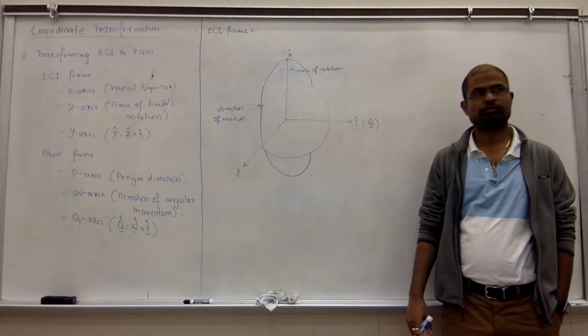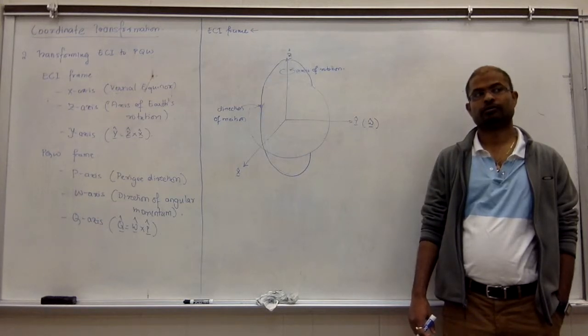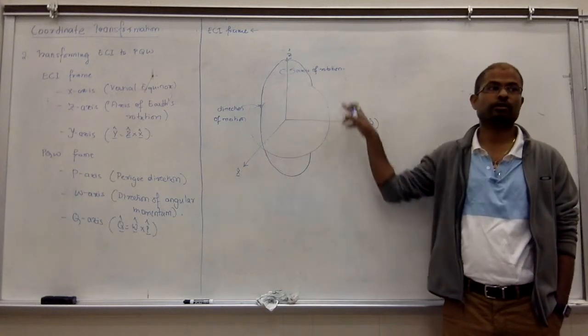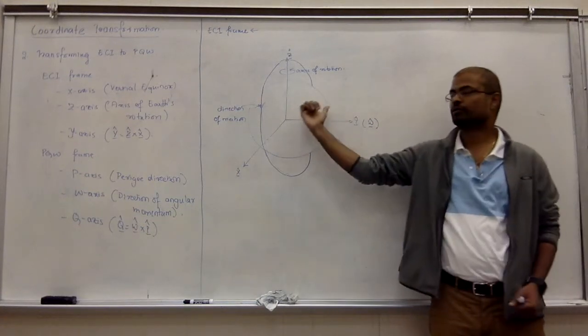The inertial frame is going around something like this. If it's going around that way, the angular momentum vector is not perpendicular to the inertial frame, it's perpendicular to this plane, the orbital plane. So it's this way.